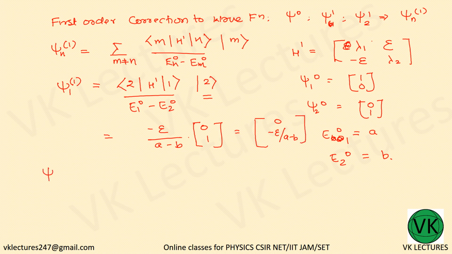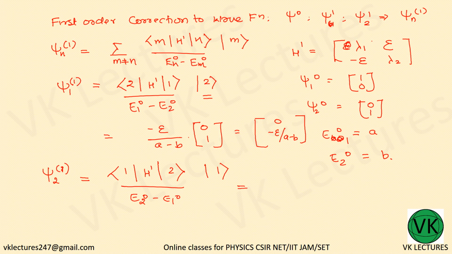Now you can also find psi 2 of 1, the first order correction to the second state, that is 1 h dash 2, divided by E2 naught minus E1 naught.